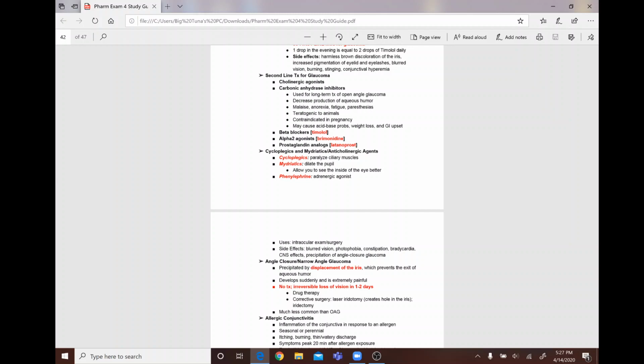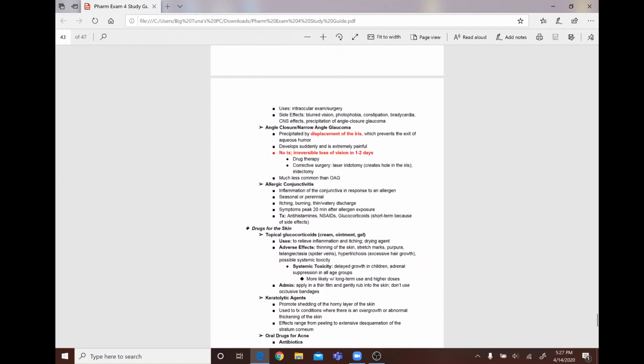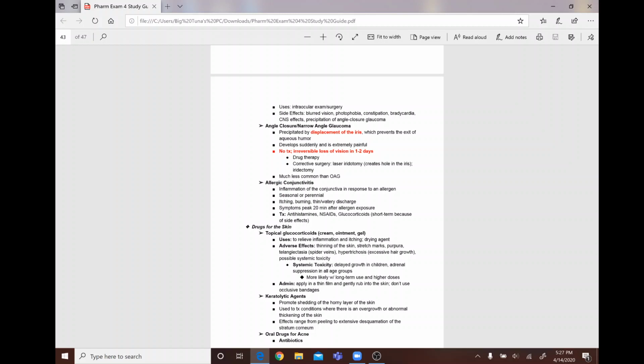Intraocular exam or surgery. So phenylephrine's side effects are what? Blurred vision, photophobia, constipation, bradycardia, CNS effects, precipitation of angle-closure glaucoma. All right, tell me about angle-closure or narrow-angle glaucoma.